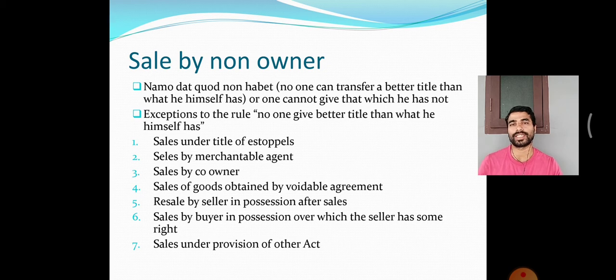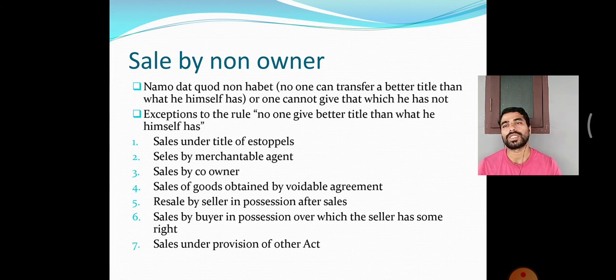I used to say the example: when a vehicle is there in the street and the police came and asked whose vehicle it is, and this one person said it's mine, later he cannot deny that. That is estoppel. So under the title of estoppel means falsely claiming the title. A person falsely claiming the title cannot deny later that he is not the owner. That is number one.